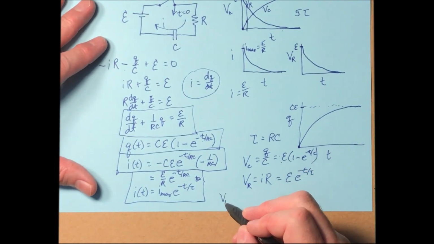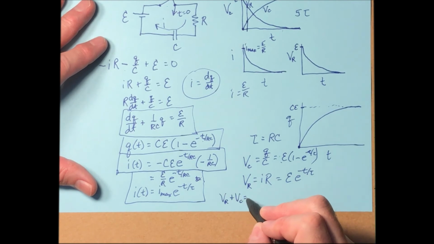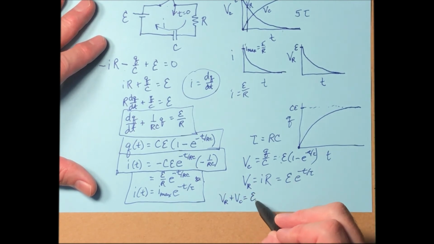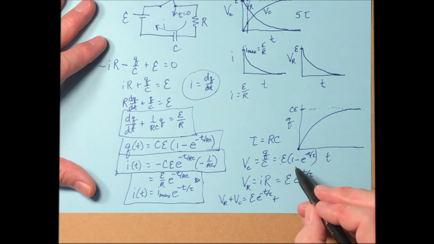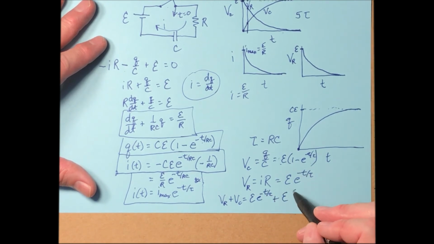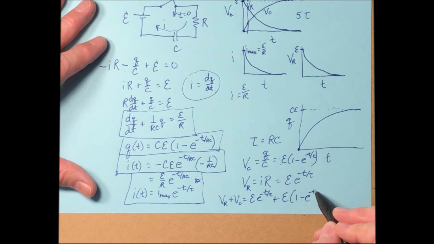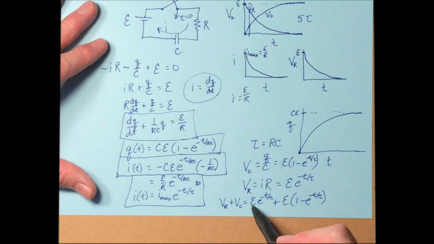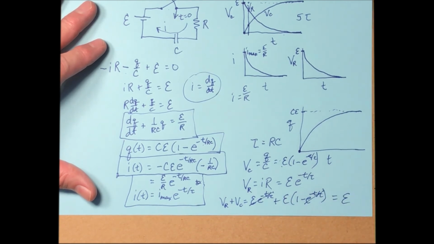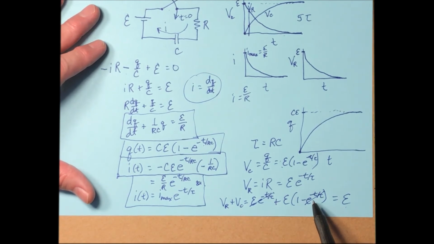Well, V sub R plus V sub C, that's just going to be E times e to the negative t over tau plus E times 1 minus e to the negative t over tau. And you'll distribute that E, and you'll see that this term and that term cancel each other, so what's left? E. So the sum of these two voltages is equal to E for every time t.